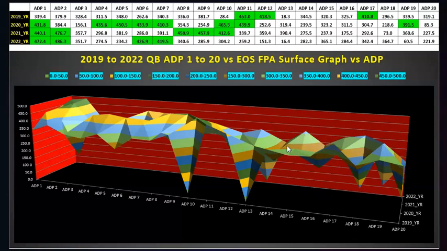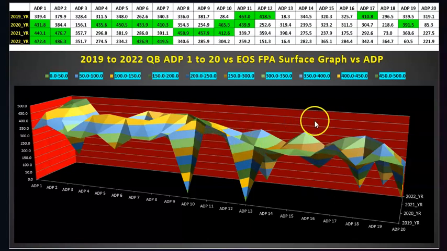I think people use tiers to imagine what it's going to be, but when you do surface graphs, it's clear what was. We have the Elite 3, then 4 to 10 is the second tier.